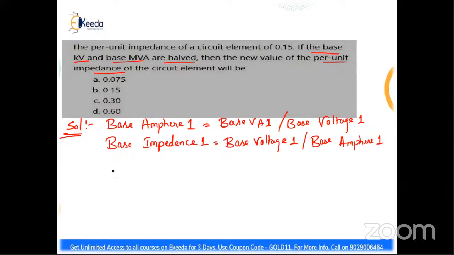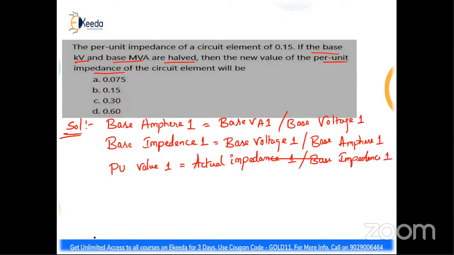Clear? Next, PU value 1 is equals to actual impedance 1 divided by base impedance 1. Right?